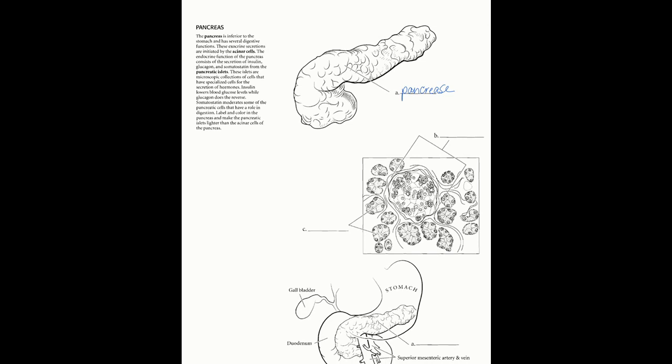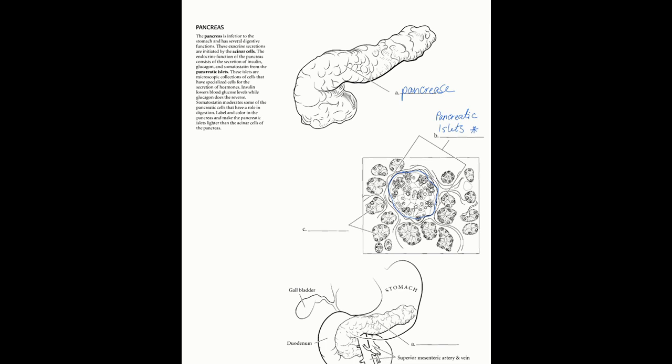B, this large section here, is called a pancreatic islet. And pancreatic islets have quite a few functions here. We're looking at the secretion of insulin, glucagon, and somatostatin.